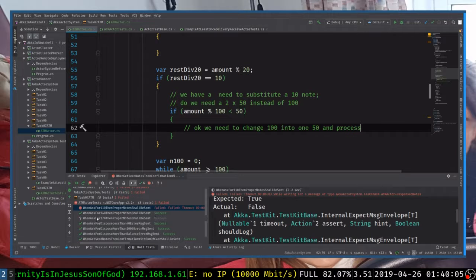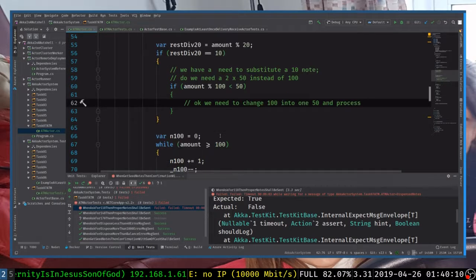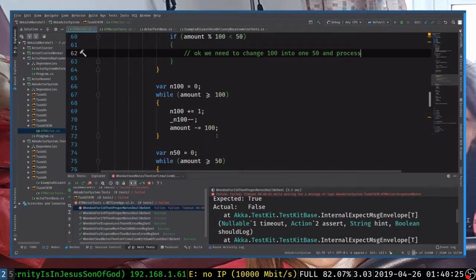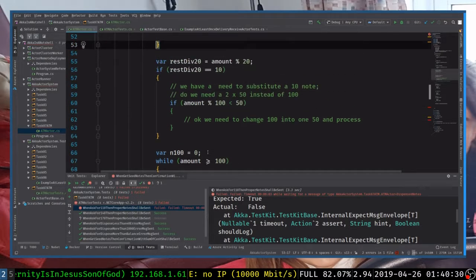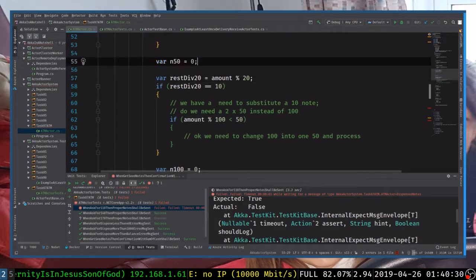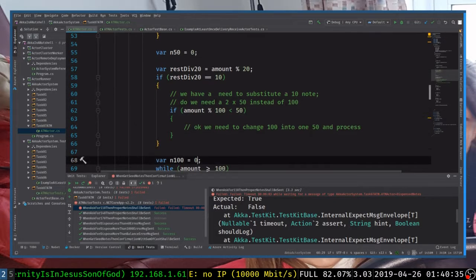Okay, so in this particular case, right, how can we manage that? First, we need to take this declaration before our test. So let's do our test declaration.